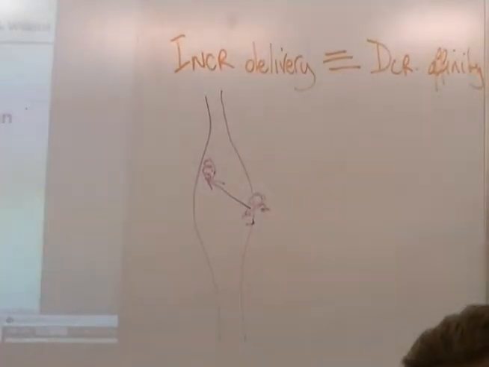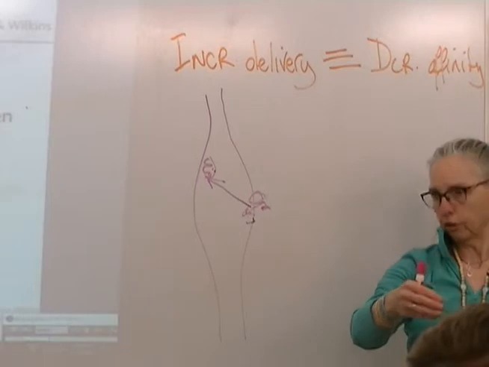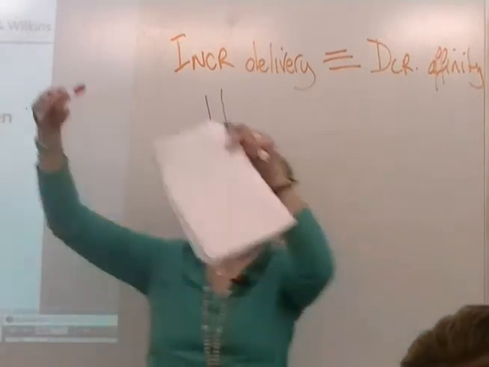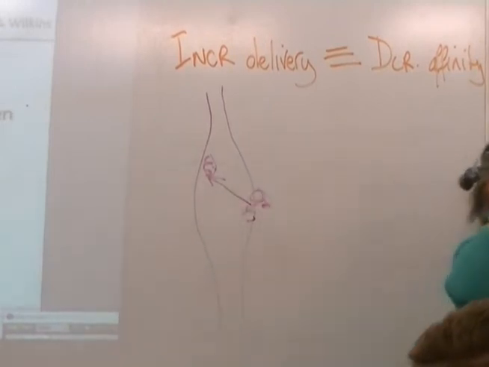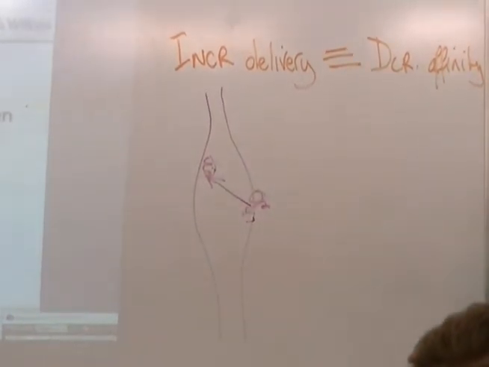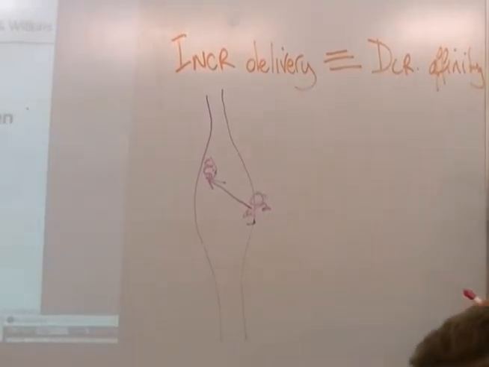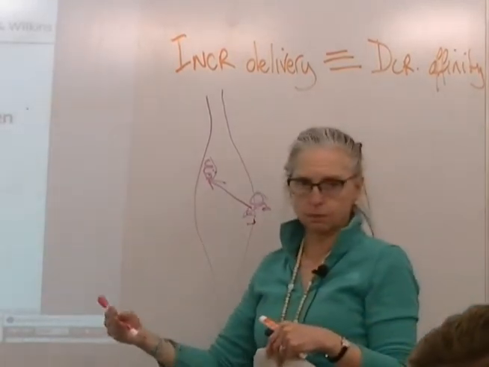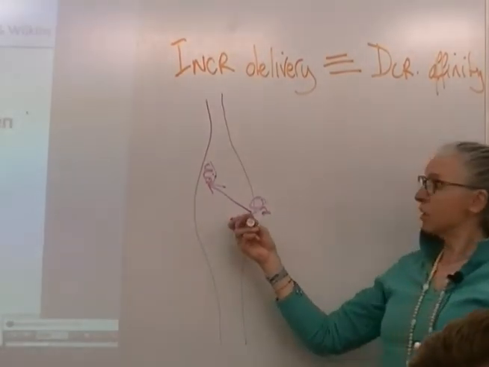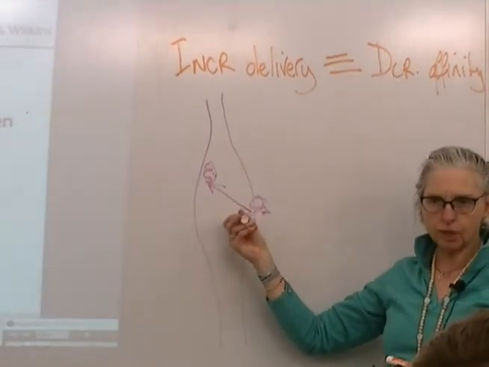I said, even though we tend to consider each energy system as separate, first energy system 1 turns on, then energy system 2 turns on, that's not really what happens, right? There's hardly any point at which only one system is doing the work. So when you first start exercising, yes, you're mainly going to use system 1 and into system 2, but because of the myoglobin, we've got a little bit of oxygen sitting in the muscle cell.